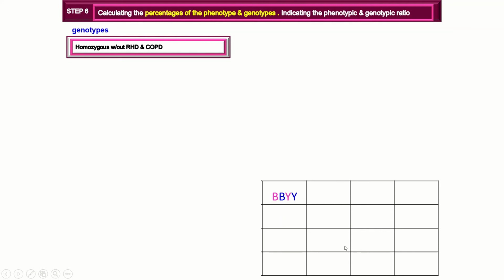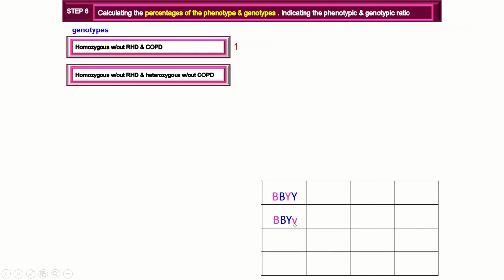I'll place 1 here to signify that I already have one genotype like this. The next box is homozygous without RHD and heterozygous without COPD.